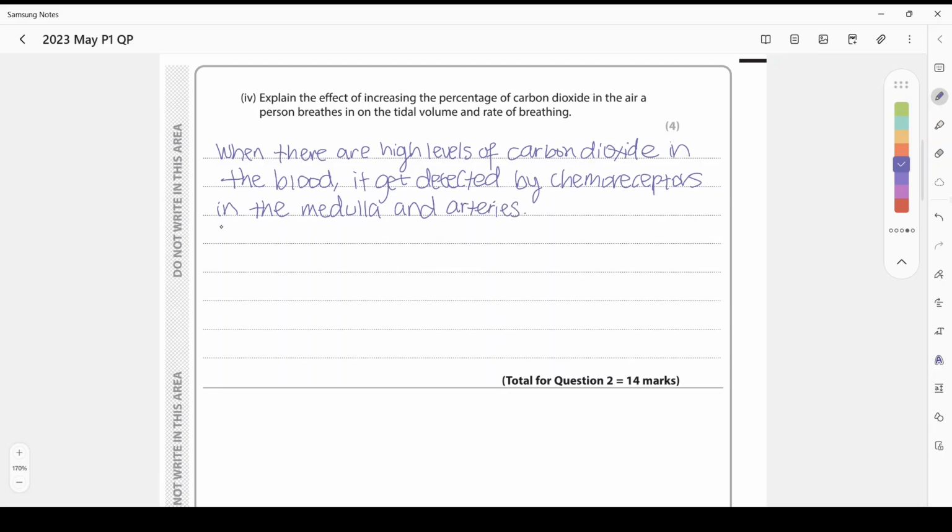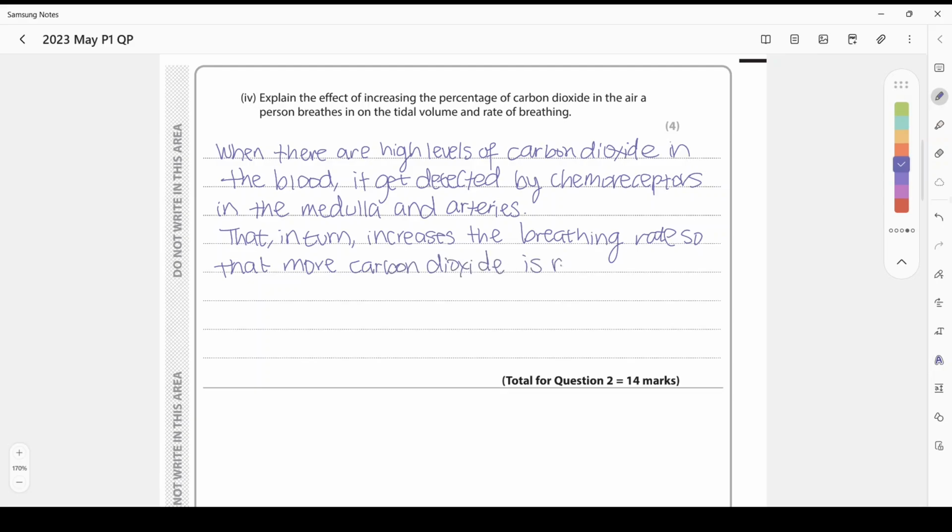And then we can say it increases the breathing rate so that more carbon dioxide is removed.